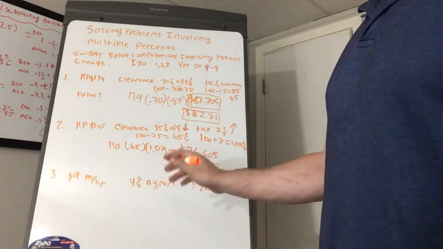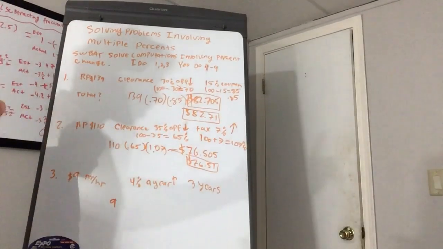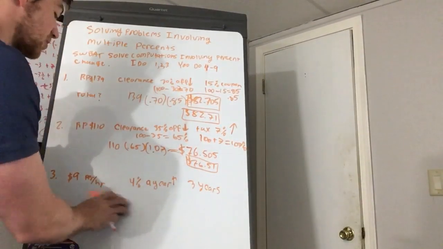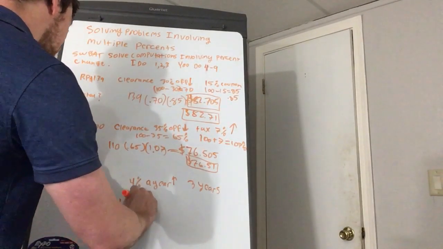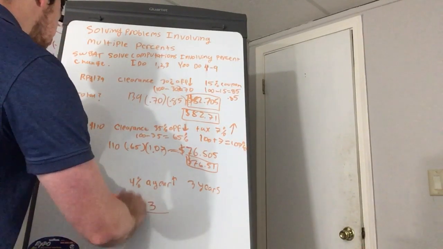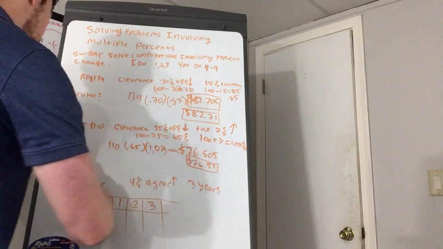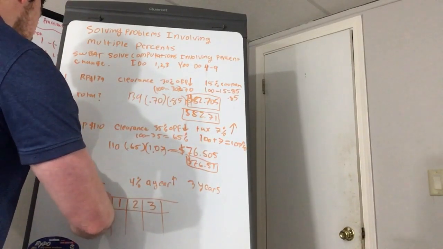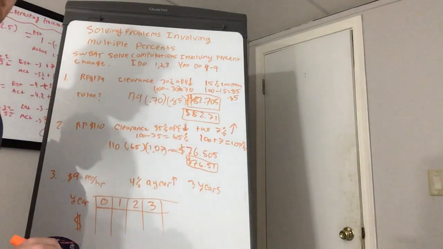So how you're going to look at it is like this. You're going to take $9. How I'm going to set this up is, let's do a table. So year 0, year 1, year 2, year 3, and value.